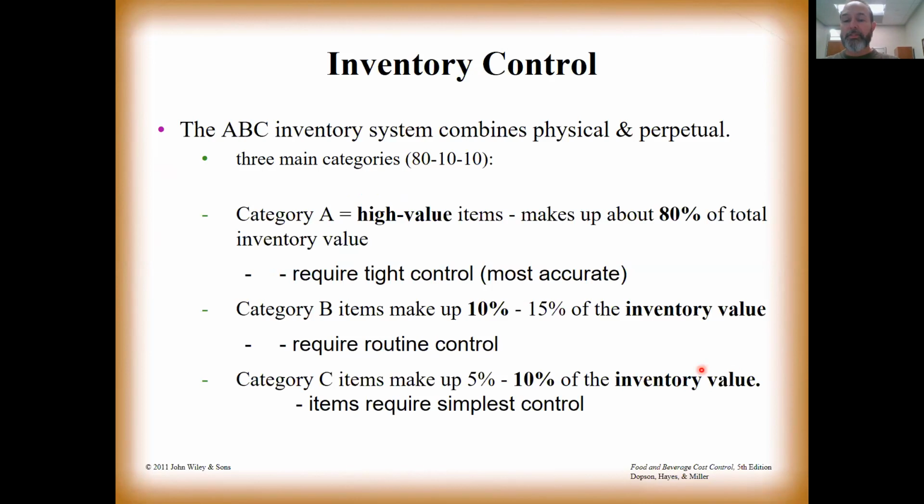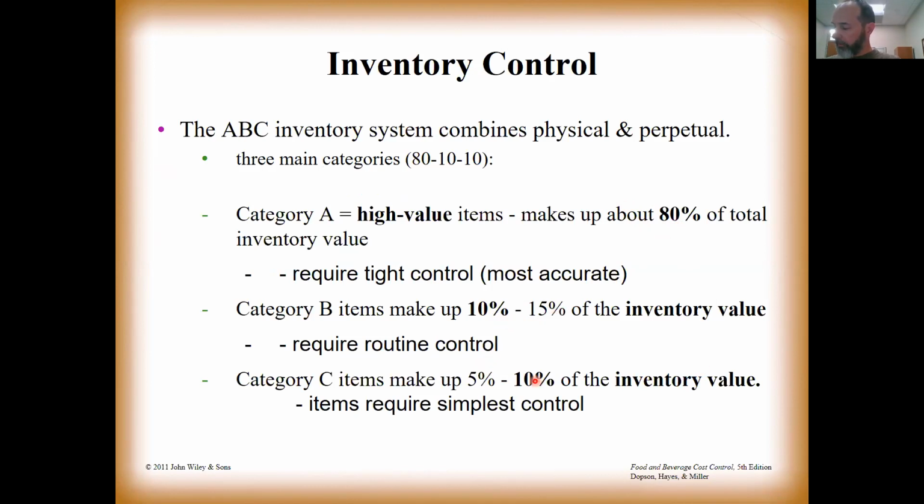Then lastly, category C is going to be a little less than 10% of the inventory value, but we're going to handle those differently. Our management technique is going to give them very simple control when we're counting those in inventory, and limit how much effort and energy we put on those. So again, take note here: about 80%, 10 to 15%, and 5 to 10%. There is flexibility in the system. It depends on what's right for your particular facility.